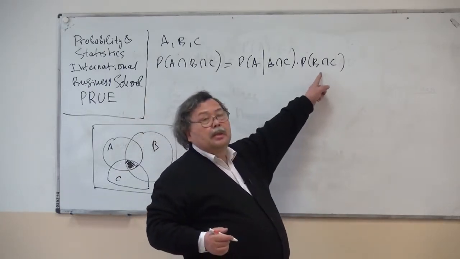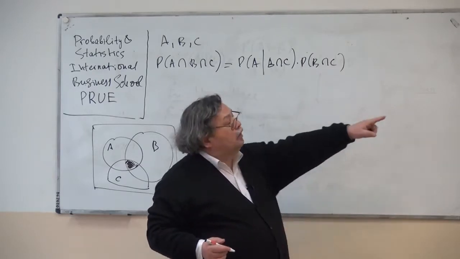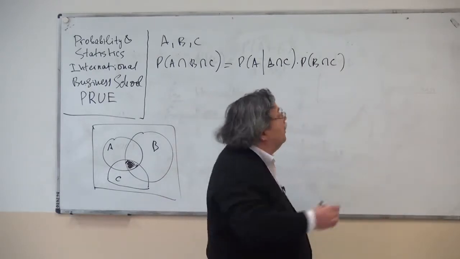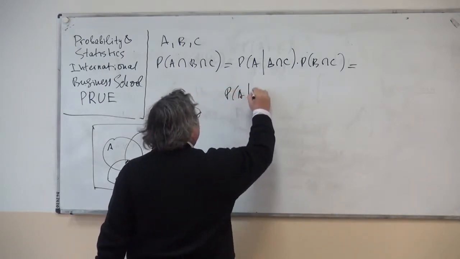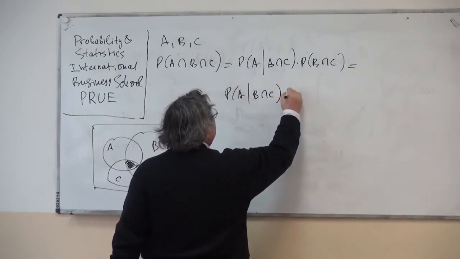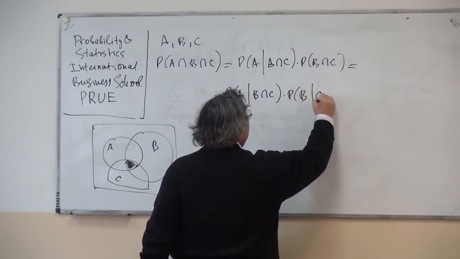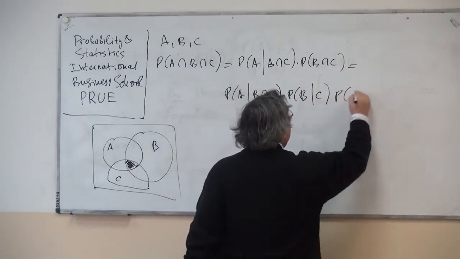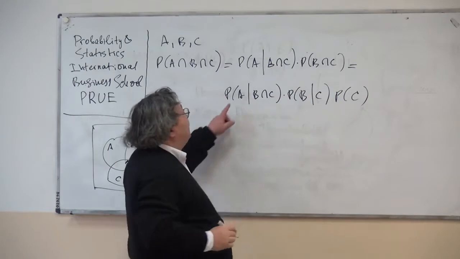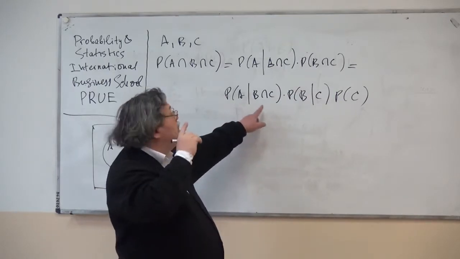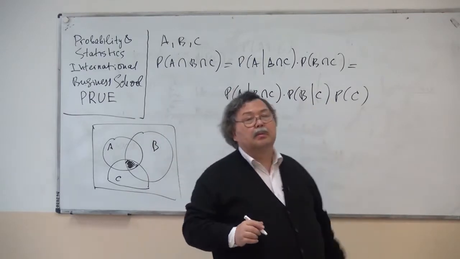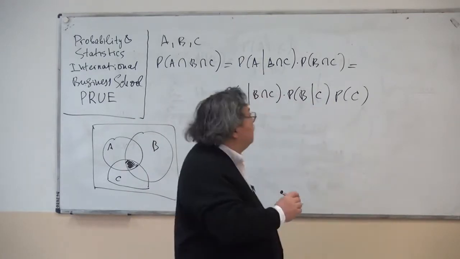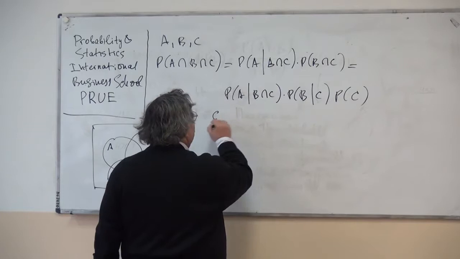Now, if I look at this term separately, I can apply this formula again, which gives me this. Okay. So probability of A given both B and C times the probability of B given C times the probability of C. Now let's give it a simple example.